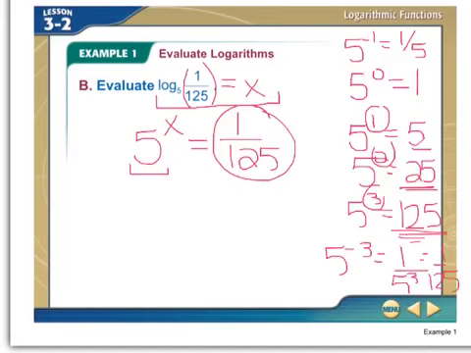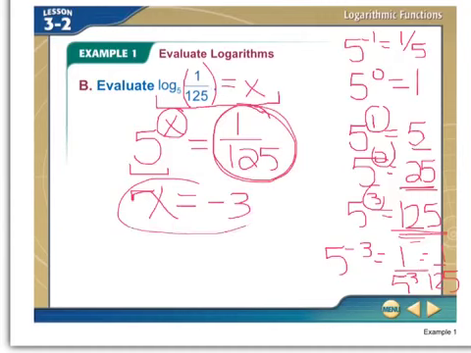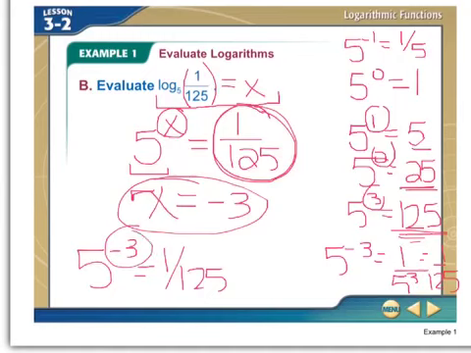Anytime you have a fraction as your output here, that means your exponent is going to be negative. So we will say that the value of x is negative 3 here. 5 to the negative 3 power is equivalent to 1 over 125. So log base 5 of 1 over 125 is negative 3.